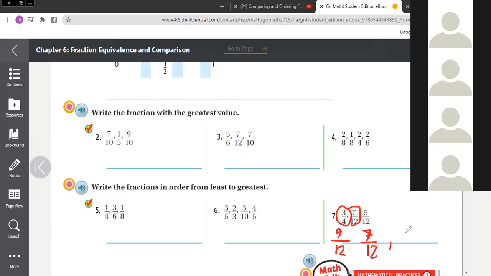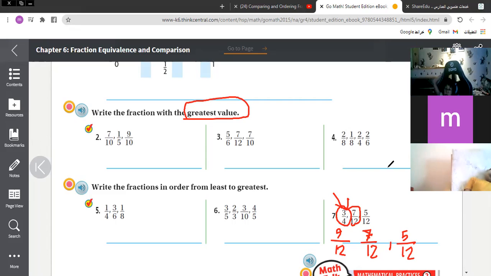Now what is the biggest one, the greatest one? 9 over 12. The question is, write the greatest value. Here, 9 over 12, and that means 3 over 4 is the biggest one. So write this one. Okay? Muhammad, thank you.